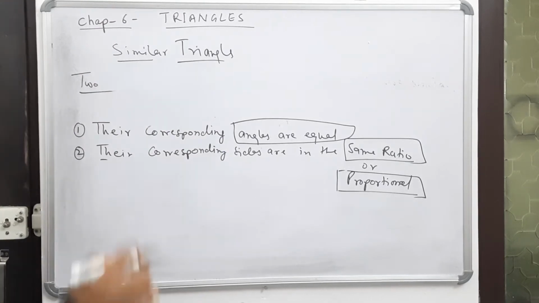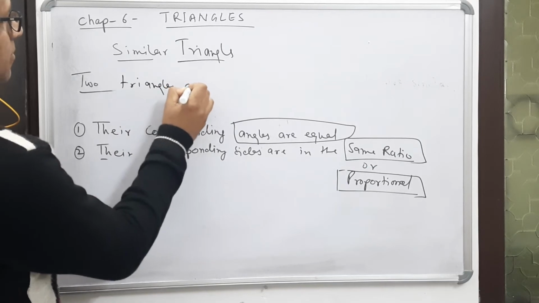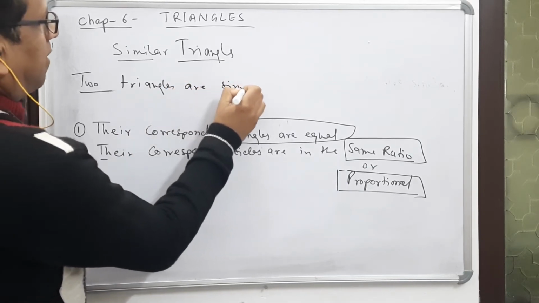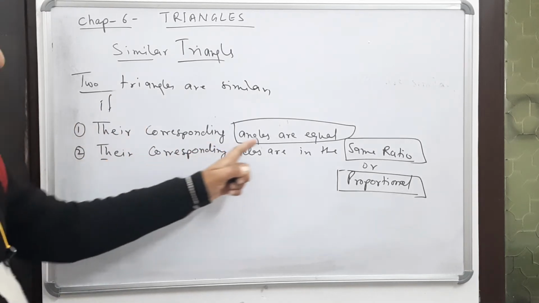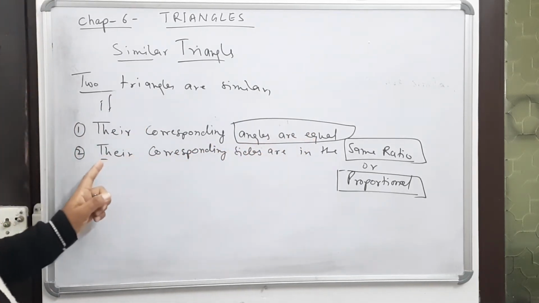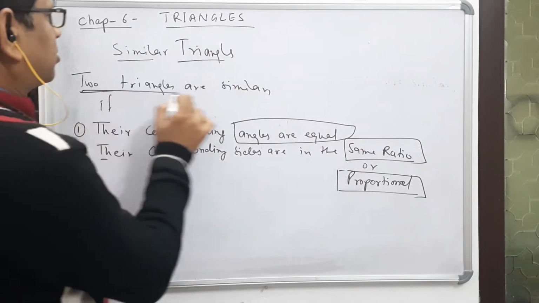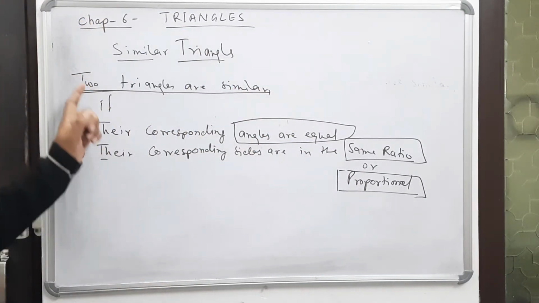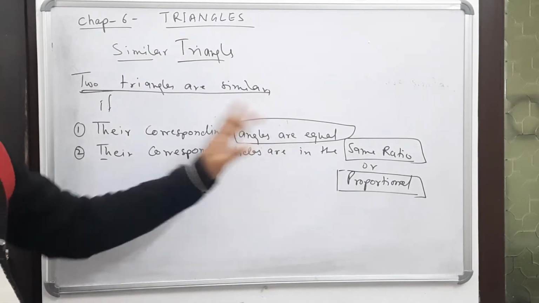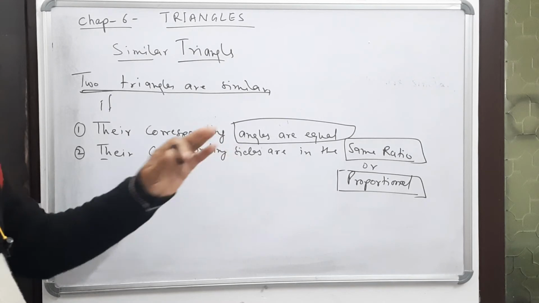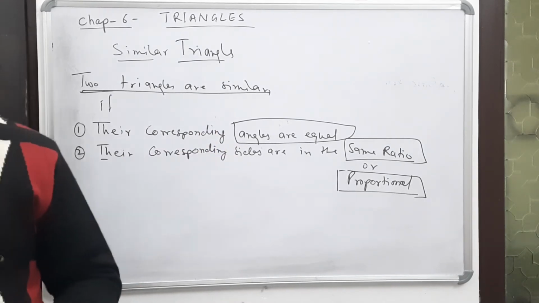Two triangles are similar if their corresponding angles are equal and their corresponding sides are proportional. This is the definition of two similar triangles. Two or more triangles, if they are similar, their angles will be equal and their sides will be proportional, that is, the sides will be in the same ratio.